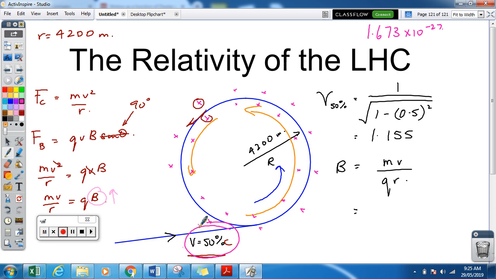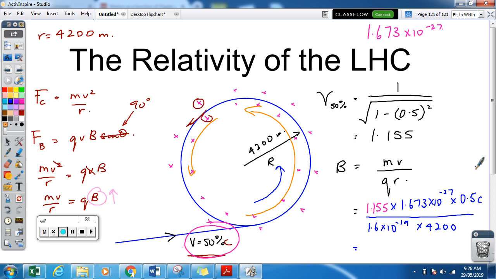So it is actually going to be 1.155 times its original stationary mass, its proper mass, times the velocity, which is 0.5c, all over its charge, which is 1.6 by 10 to the minus 19, times the radius, which we're just going to take as a nice rounded number. The c value, of course, is 3 by 10 to the 8.